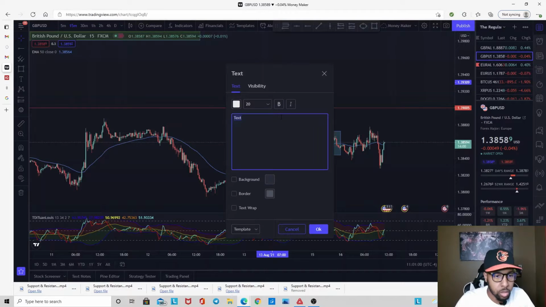Here's an example. Right now you see GU trading at the 1.3 level, like 1.38, 1.39. So in the beginning we would look for 1.3 even, then 1.325 even.